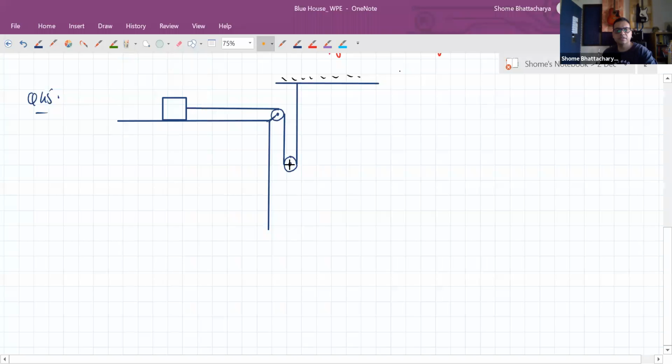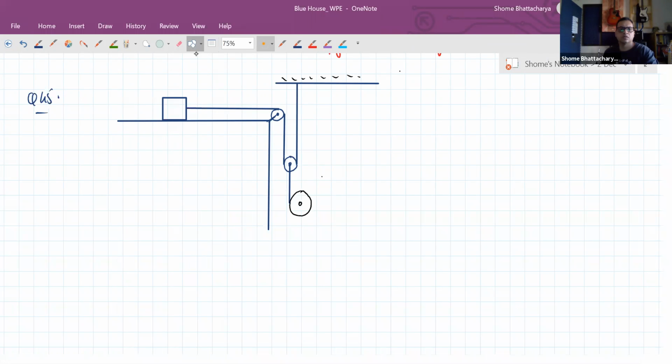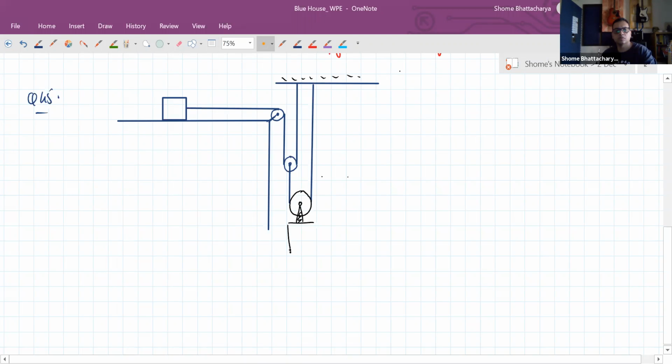Then there's a thread connected to the axle of this pulley, which is going around yet another pulley, this one. And this pulley is connected to another block. This is the situation we have.